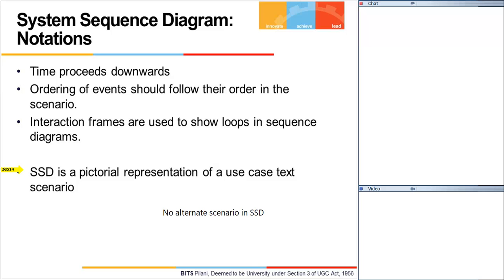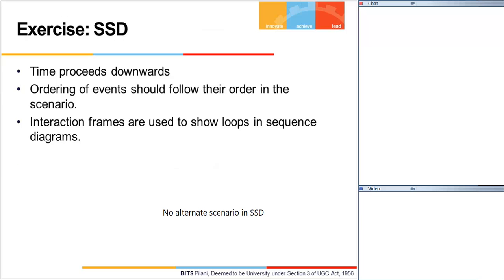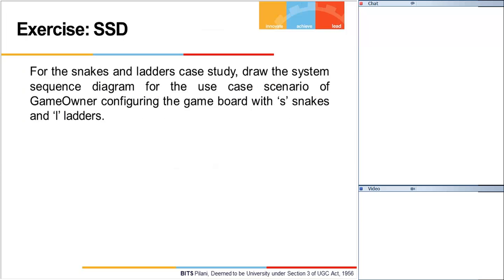Okay, let's take up an example. Okay, this is the one. Now for the snakes and ladders case study, we draw the system sequence diagram for the use case scenario of the game owner configuring the game board with S snakes and L ladders, right?